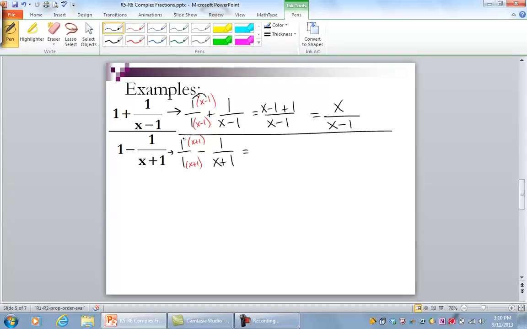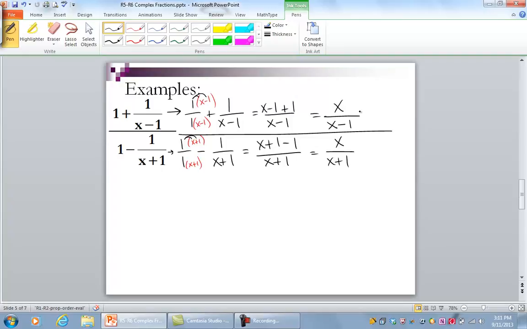Which means I distribute my 1, which again doesn't do anything. So I have x plus 1 and then minus 1. And the denominator is just x plus 1. So again, the 1's cancel here, which is nice. So we have x plus 1 minus 1, which is just x, and x plus 1 on the bottom.